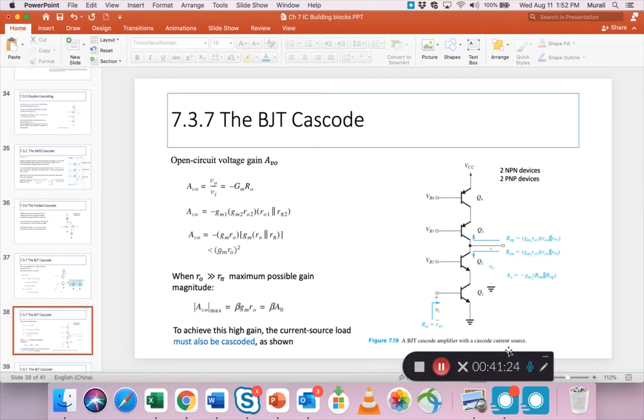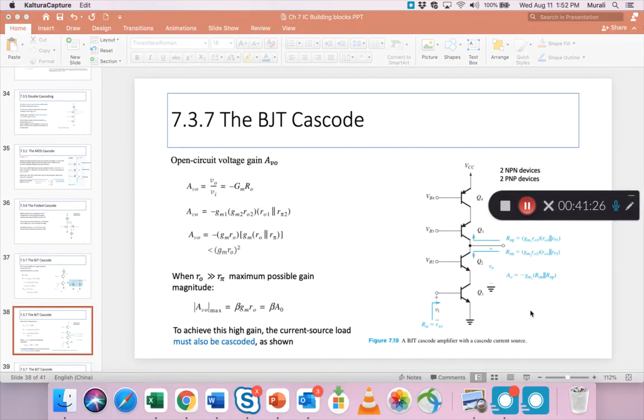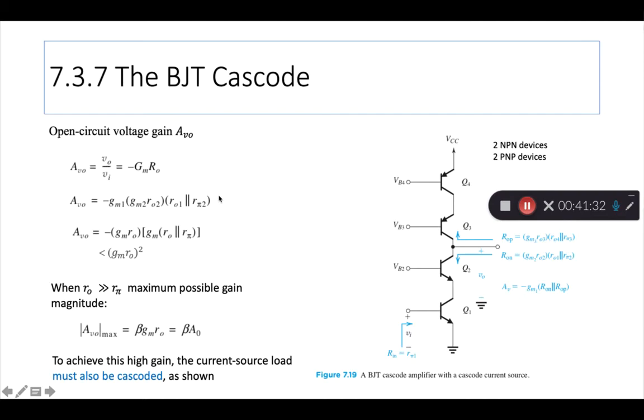So with that, we have looked at the BJT version also. Again, the important lesson is that gains are possible by using cascoding, but you definitely need to cascode both the gain cell and the current source load.